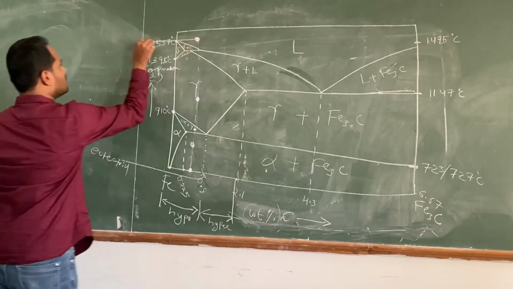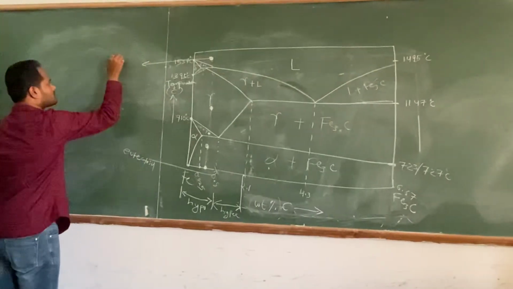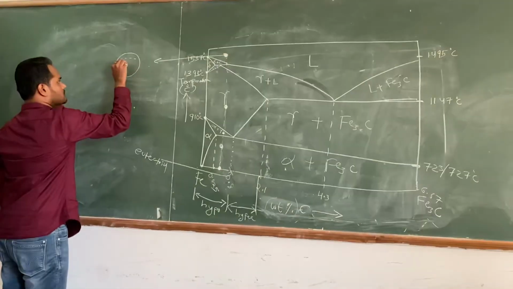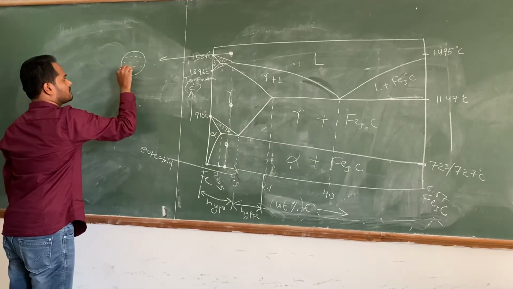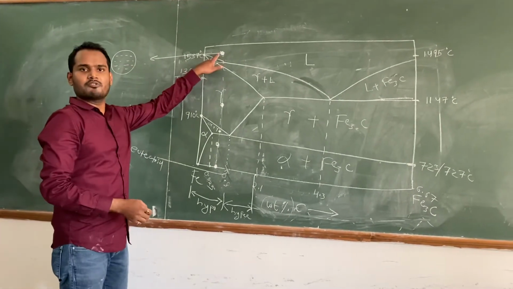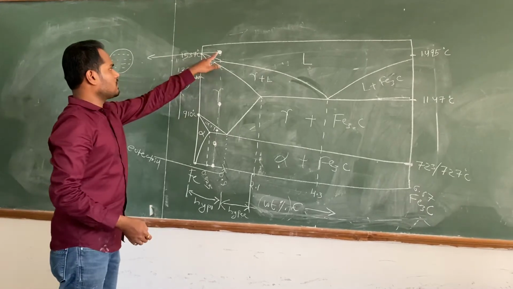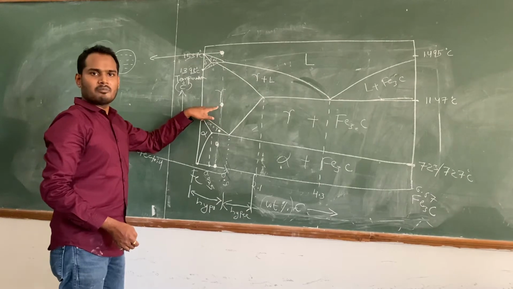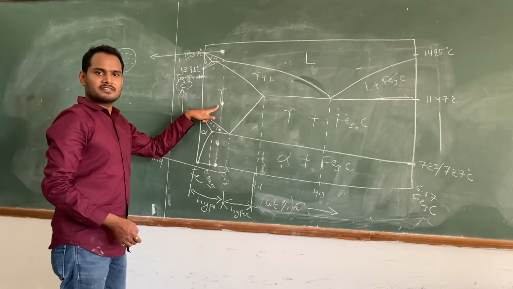So here you will have a microstructure like this. Suppose this is liquid. The liquid microstructure will be like this. That means at this temperature we have only liquid. Then suppose you cool the steel to this temperature. Here we have gamma only, austenite, and austenite is a single phase.